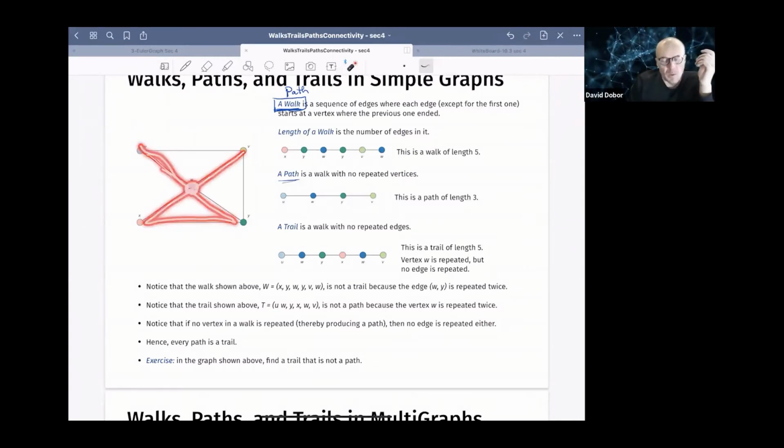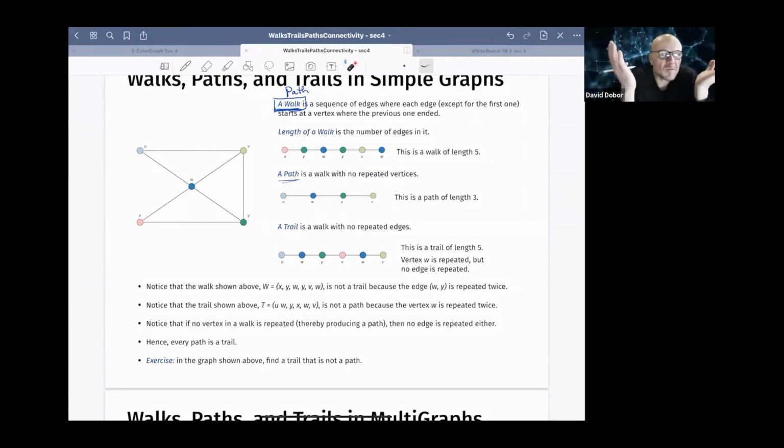However, conversely, if you have a path, where you go through the vertex at most once, can you go through an edge that's attached to it more than once? Is it possible? You just went through that vertex once, and it may have like 50 edges attached to it. If you pass through that vertex once at most, you're using up 2 edges attached to that vertex.